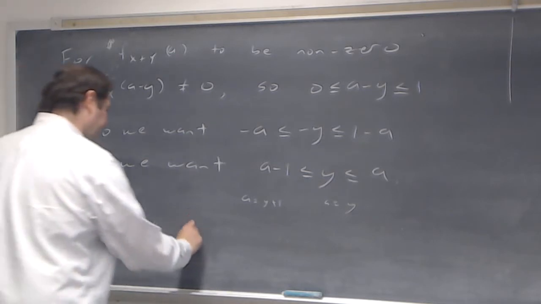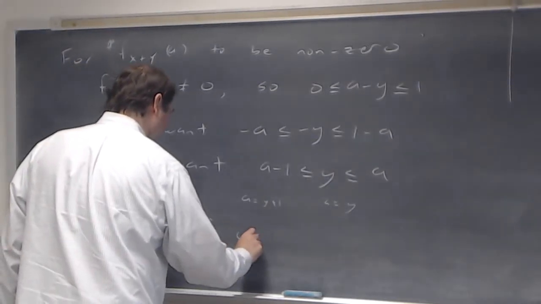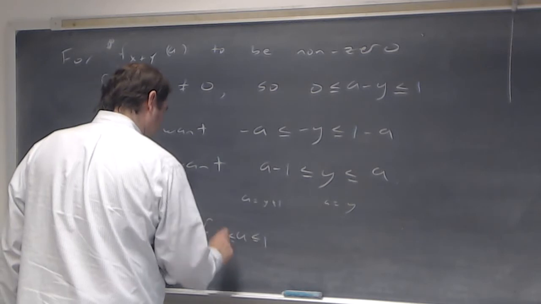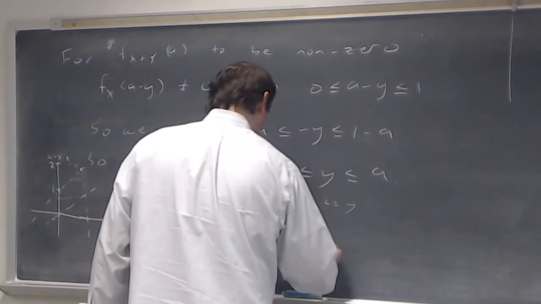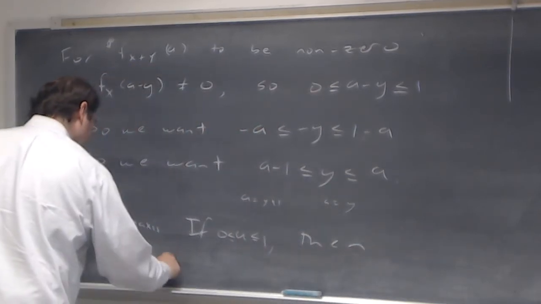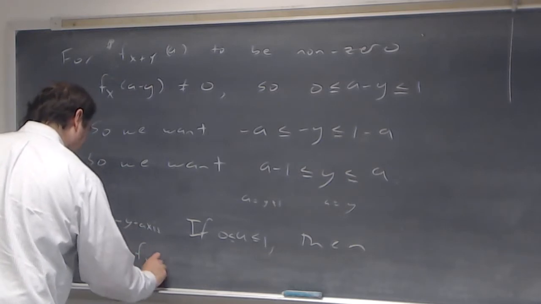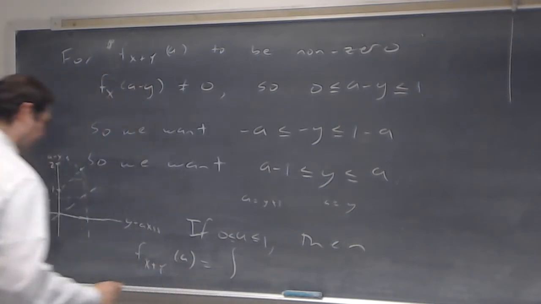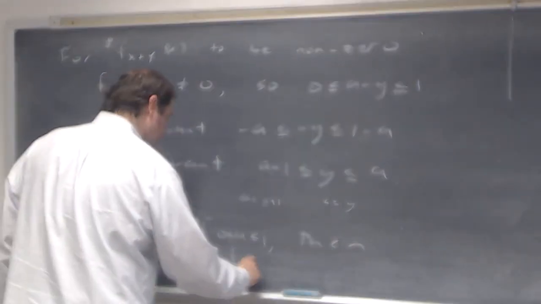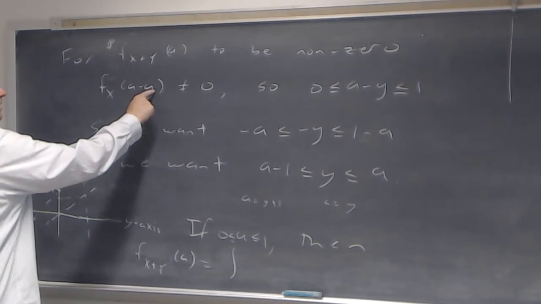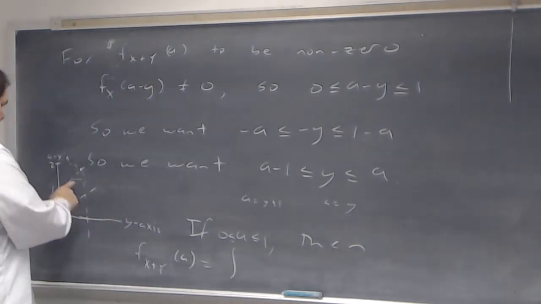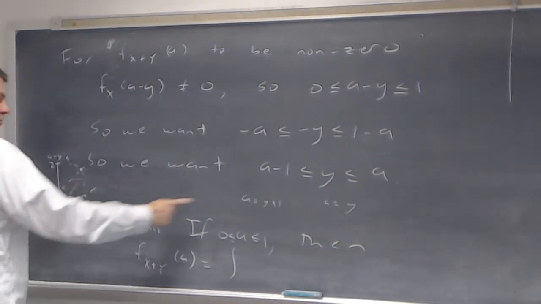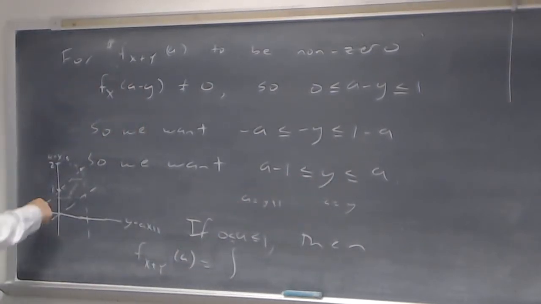So here, if a is sandwiched in between 0 and 1, then f sub x plus y of a will be equal to the integral. Okay, so here I know that it's going to be f sub x of a minus y, but the region where we're integrating is here, where y is in between these two regions. You can check that by picking a point from this region to see that it satisfies this.